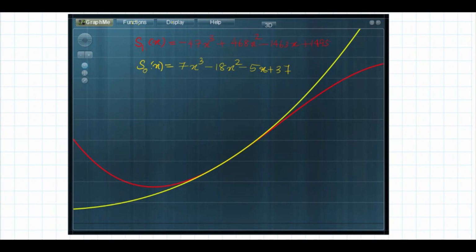So both are represented by different curves, and at the junction these two curves have the same value, first derivative, and second derivative. So this is the idea of splines. Fit different cubic polynomials in different intervals such that overall you will get a smooth curve. Okay, thank you.